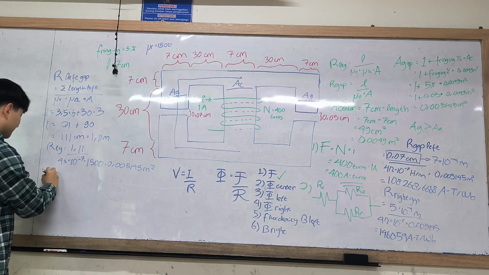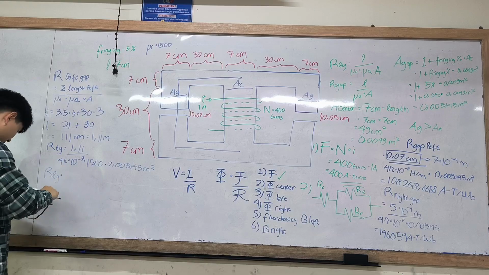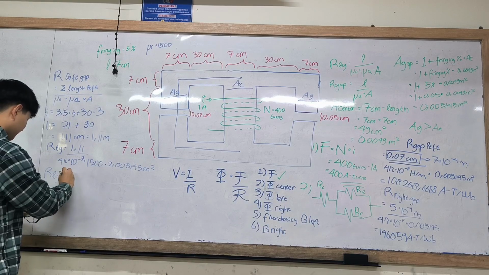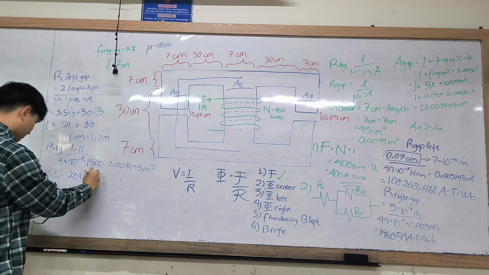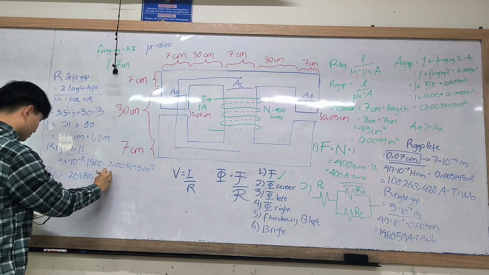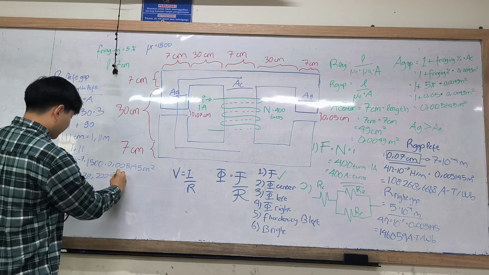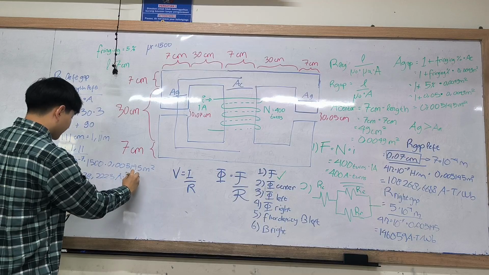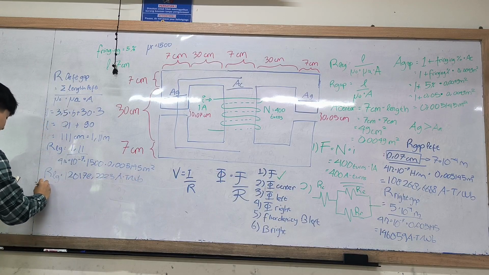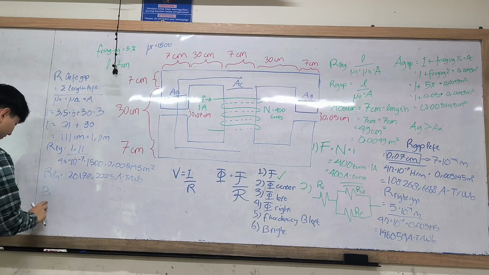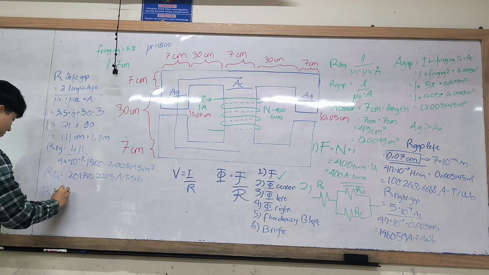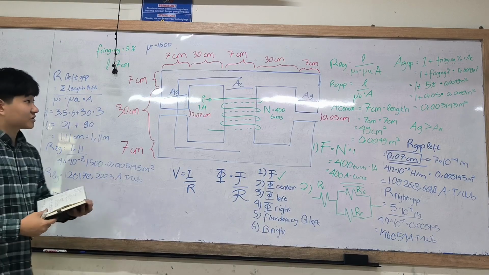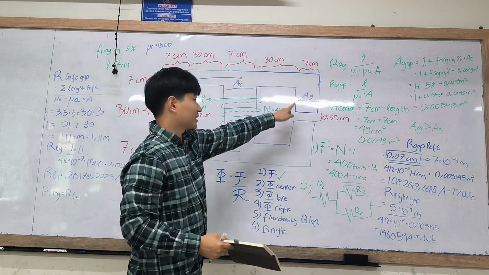The result of the reluctance for the left leg would be 123,223 ampere turns per Weber, and the right leg will have the same value as the left leg, because it goes through the same length and it has the same area.